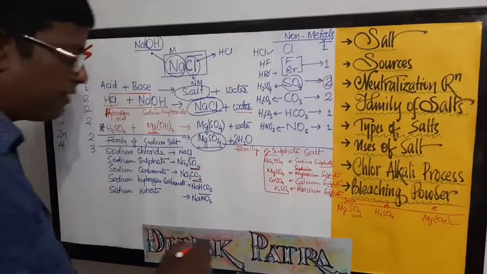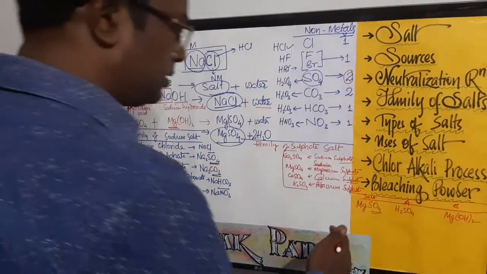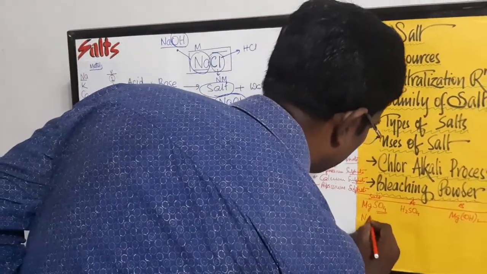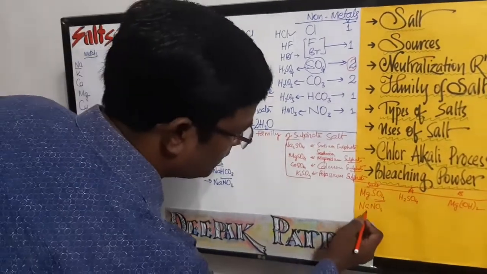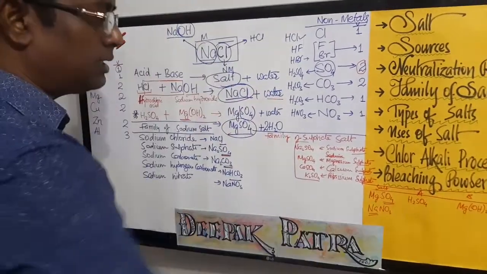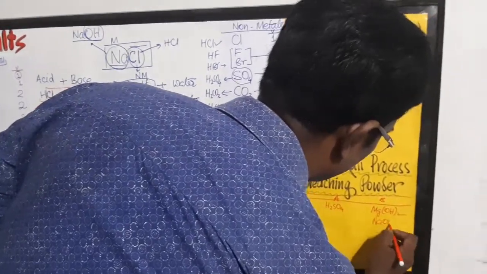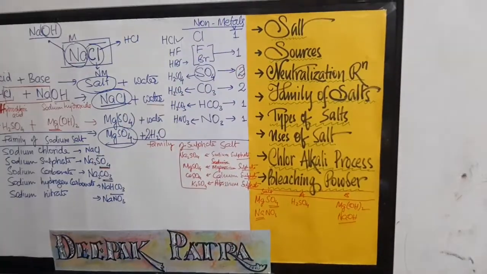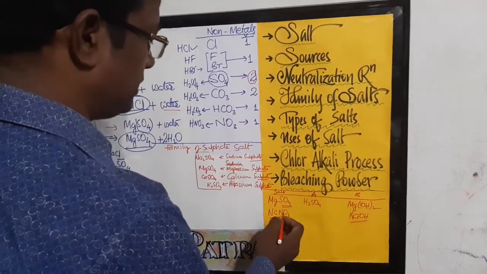Now, if we take any other salt, sodium nitrate, NaNO3. You can easily guess the metal name, just add hydroxide. It becomes a strong base, alkali rather, and nitrate belongs to nitric acid.